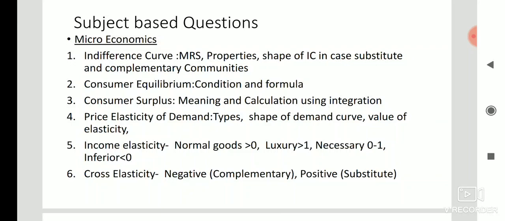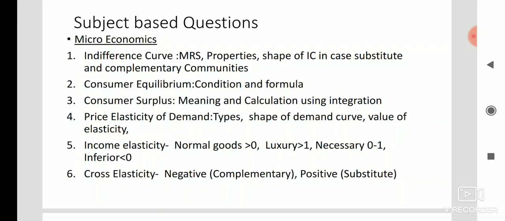In case of substitute commodities, the shape of the indifference curve becomes a downward sloping straight line, and in case of complementary commodities, the indifference curve becomes L shaped or right angle shaped. These two are very important questions for any post-graduation entrance examination.